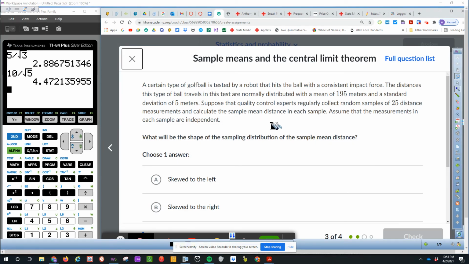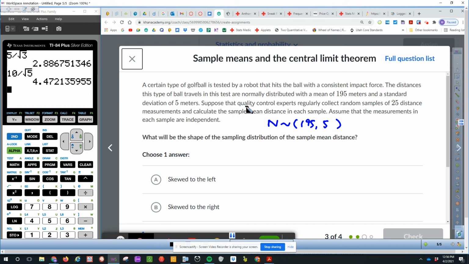If the population is already normal, I can put an N, and then 195. The first number is typically the mean, and the standard deviation of 5. So this is how we write a normal distribution. Put an N, then a squiggly line, and then parentheses 195. The first number indicates the mean, and the second number indicates the standard deviation.